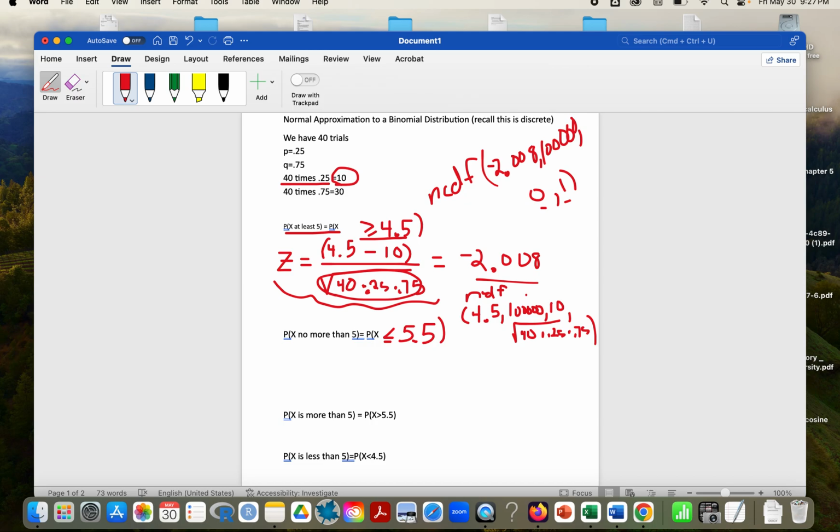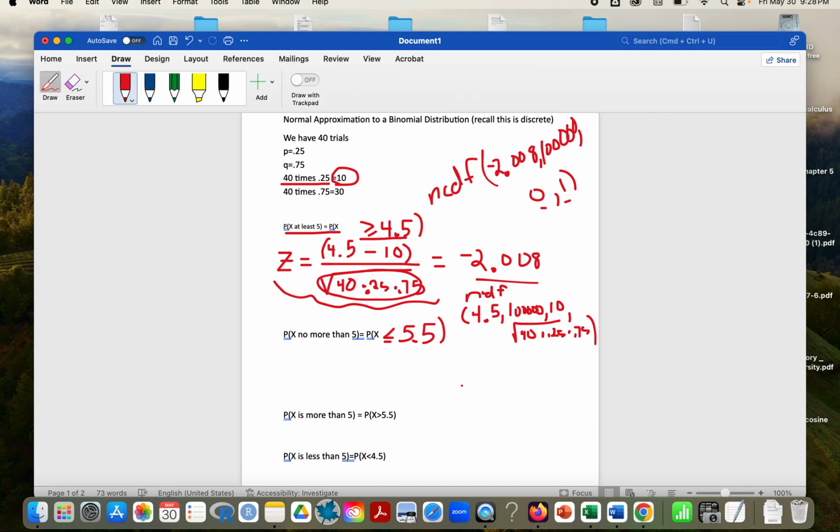It won't let me type in the 4.5 in the lower. Not sure why. That time it did it. There we go. I see what happened. I put too many zeros down. I've never seen that happen before, but I put too many zeros down in the positive infinity, and it got all weird on me. Okay.